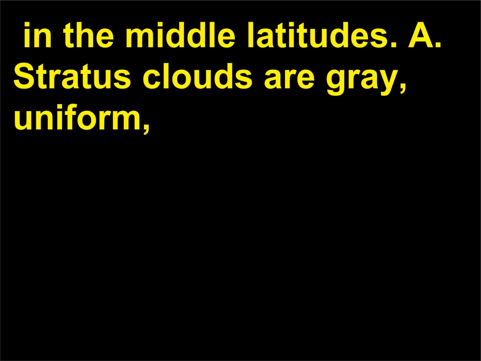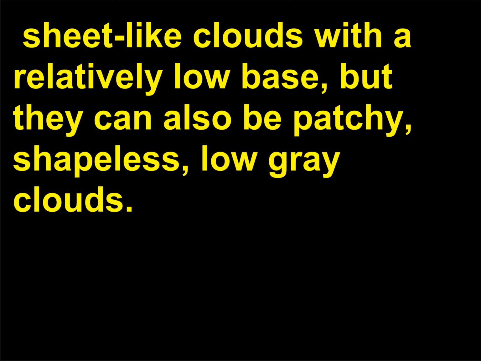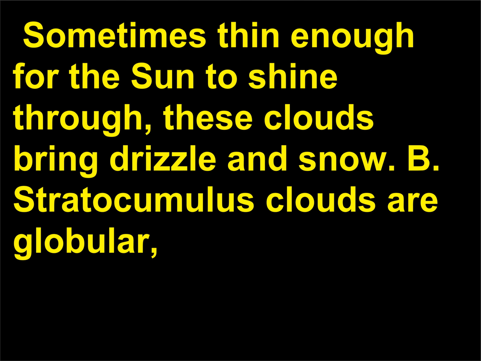A. Stratus clouds are gray, uniform, sheet-like clouds with a relatively low base, but they can also be patchy, shapeless, low gray clouds. Sometimes thin enough for the sun to shine through, these clouds bring drizzle and snow.